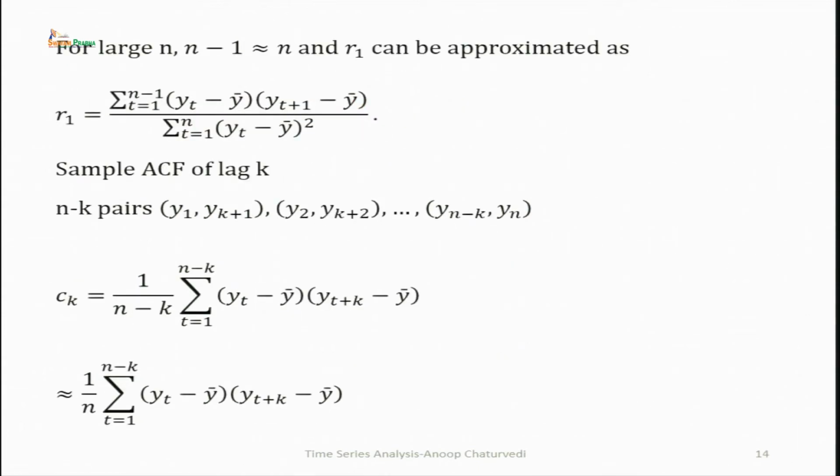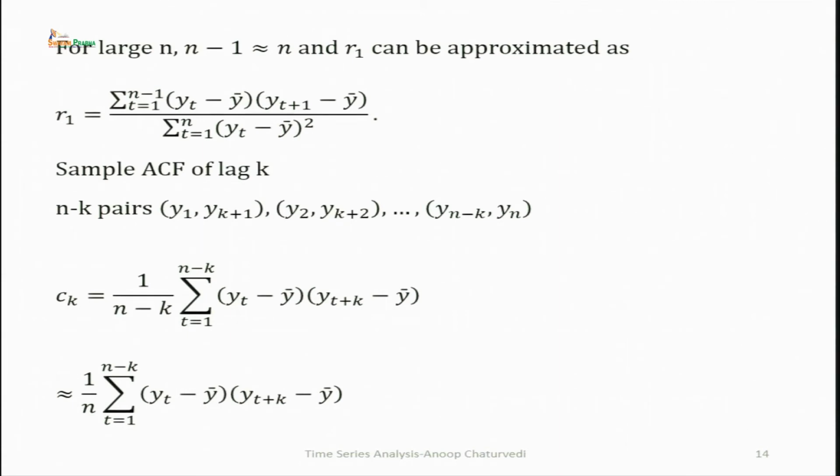Or the n minus 1 is approximately equal to n. So, you can write R1 approximately equal to summation t equal to 1 to n minus 1 (yt minus y bar)(yt plus 1 minus y bar) divided by summation t equal to 1 to n (yt minus y bar) square.